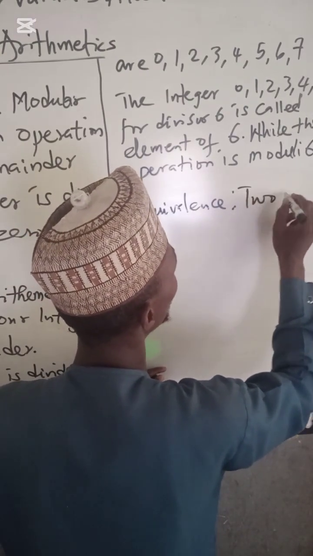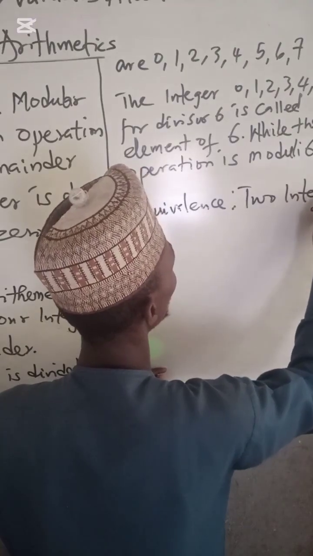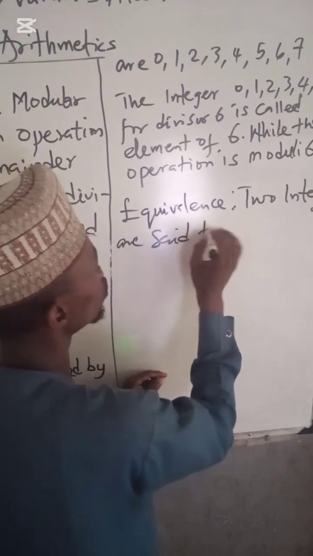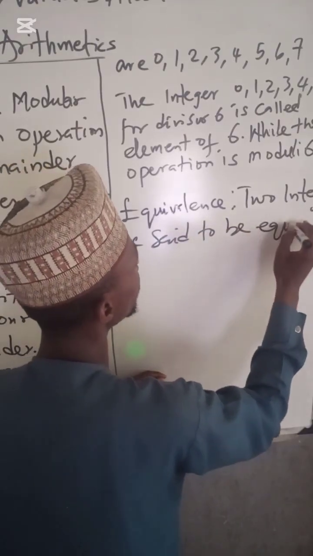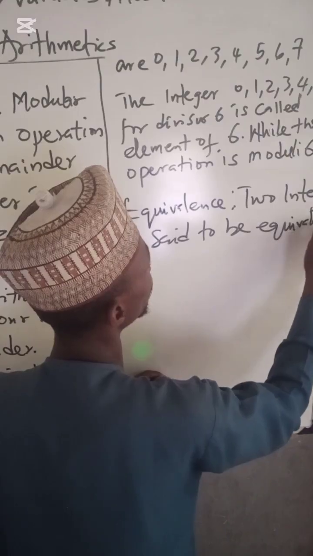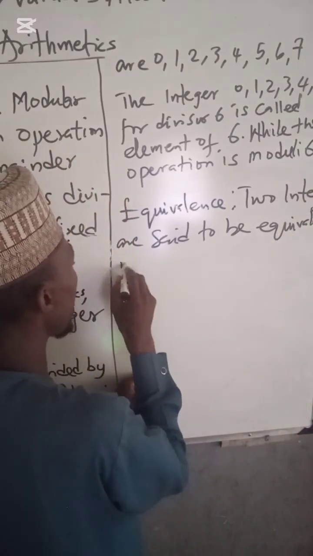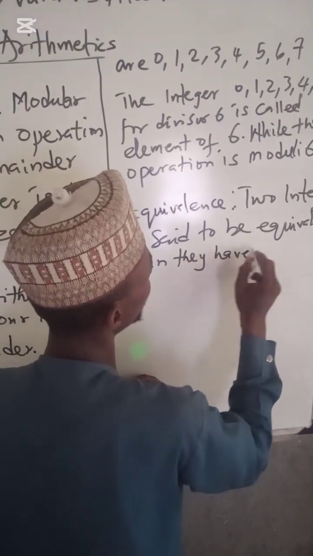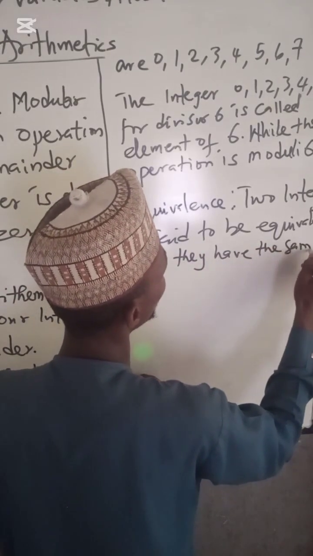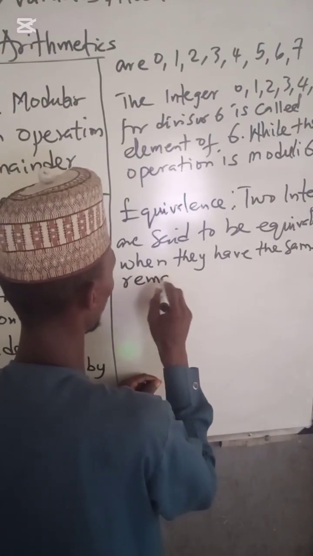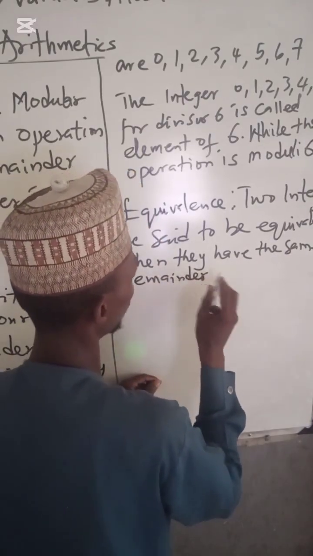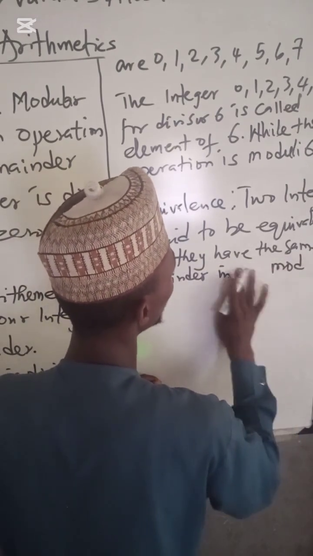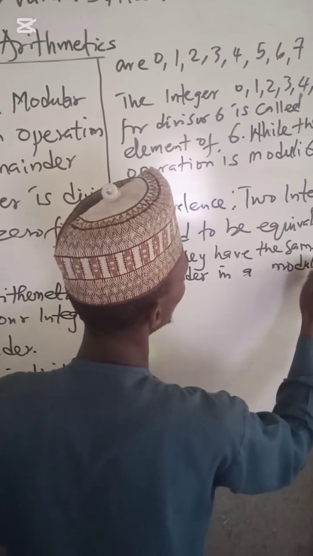Two integers are said to be equivalent when they have the same remainder in a modular.